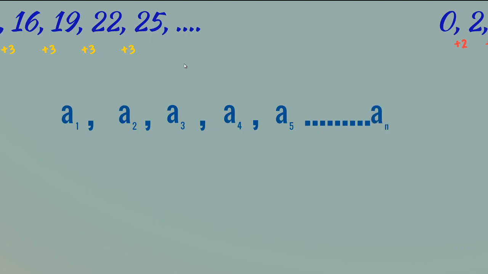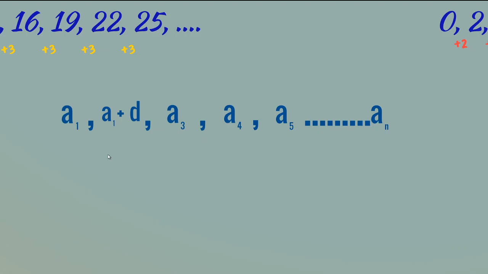So if I am taking n terms, then the nth term will be an. Okay. Now the arithmetic progression, as I said, it is based on a common difference. So a2, I can write it as a1 plus d. d is the common difference. Okay. So if d is the common difference, I can write a2 as a1 plus d.